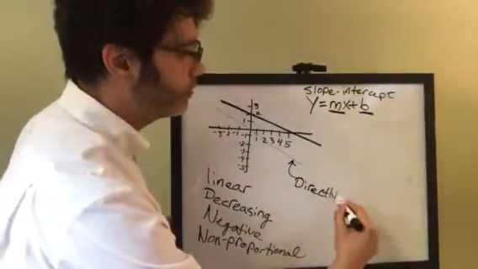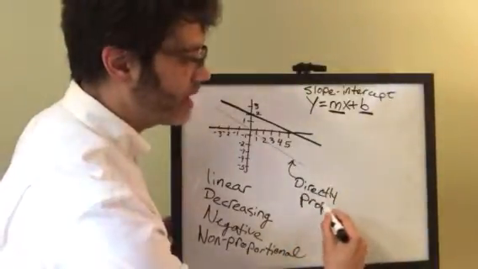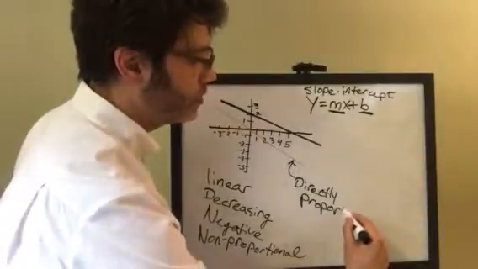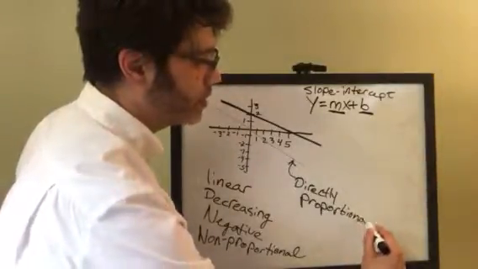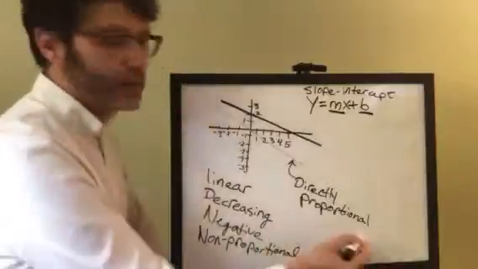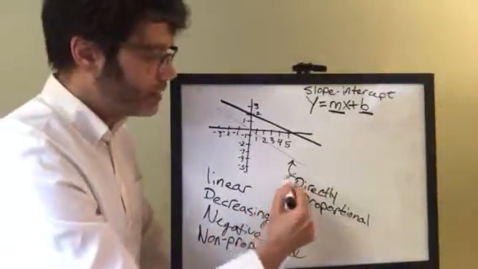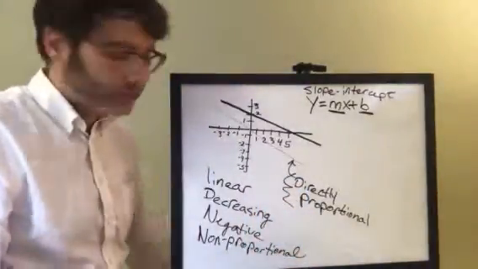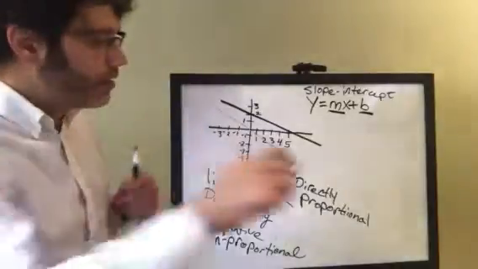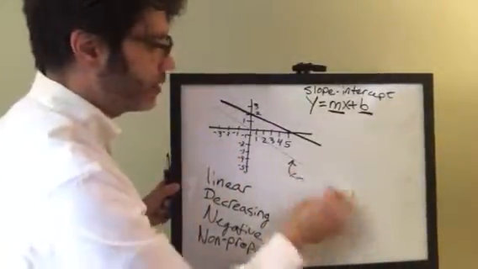Directly proportional and proportional are the same word, okay? So if you see directly proportional, you can just interpret that as proportional. Those are some vocabulary words that we can always use with lines.